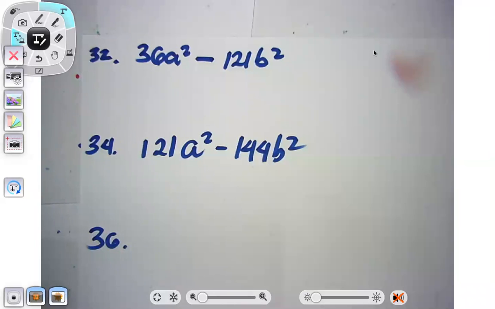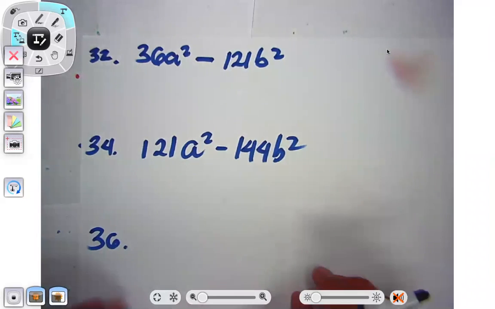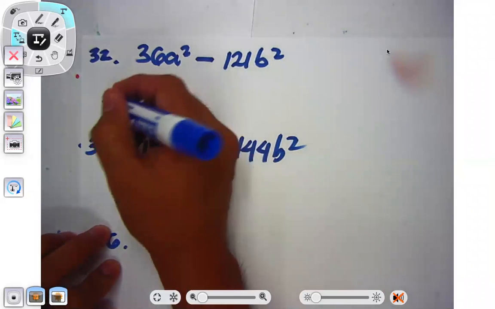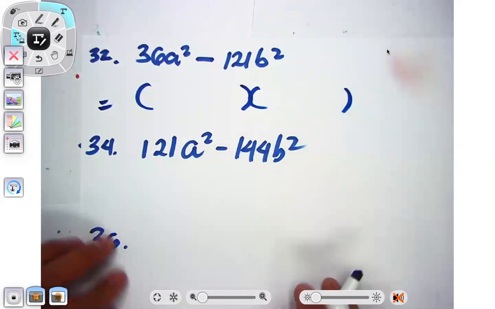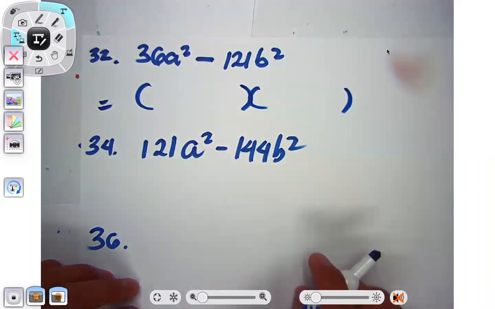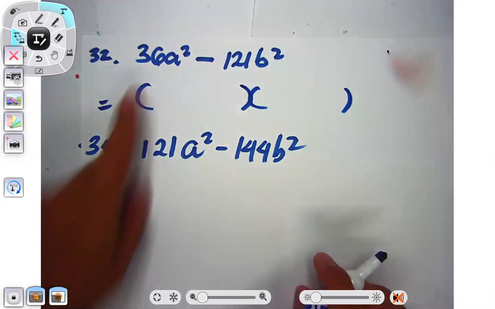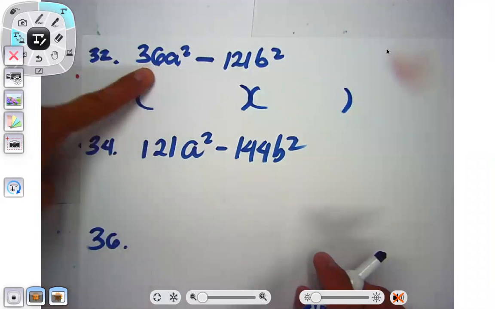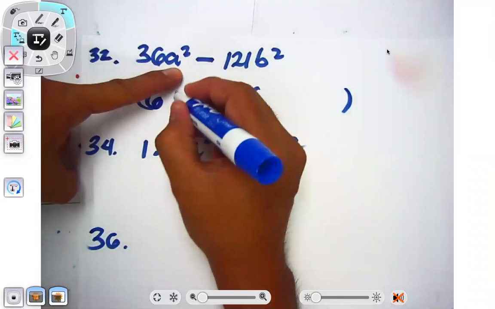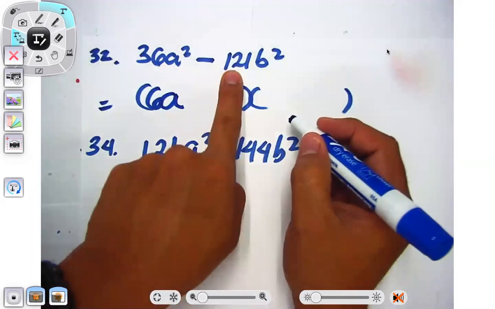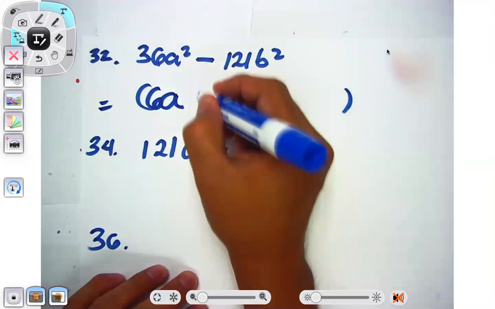You have 36a squared minus 121b squared. Let's just find the square root of both terms in order to find the factors quickly. Let's consider 36. What's the square root of 36? 6. Square root of a squared? a. Square root of 121? 11.